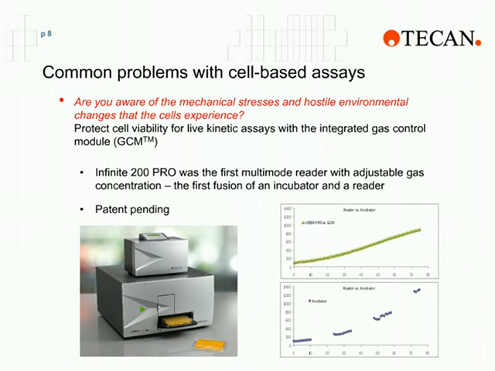This means you don't have data gaps in between when you're shuffling your plate between an incubator and the reader, and the cells do not experience a temperature change or an environmental change in terms of oxygen and CO2 concentration. So the gas control module offers an excellent solution to really protect cells during the assay workflow.